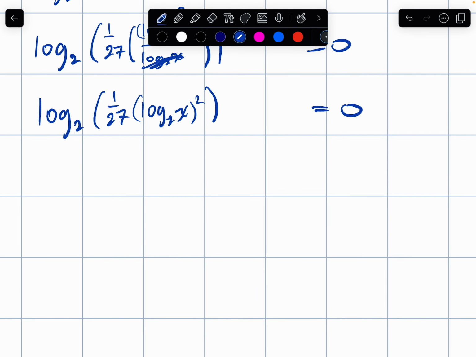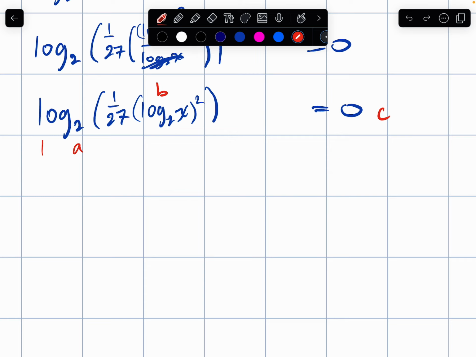Now, again, I don't know if you understand what a logarithm is, but I'm assuming you do know that for log A B equals C, we can change it to be A to the power of C equals B, right?